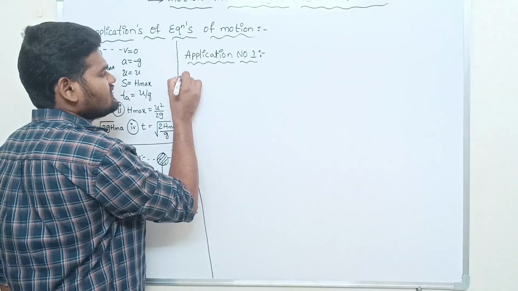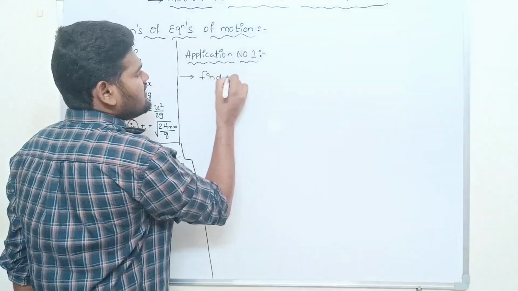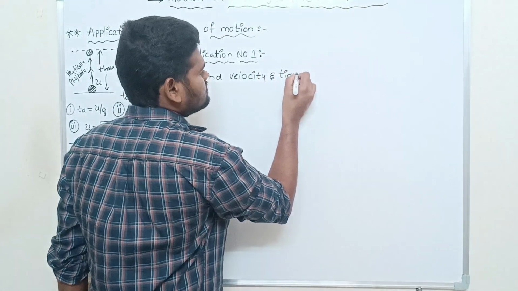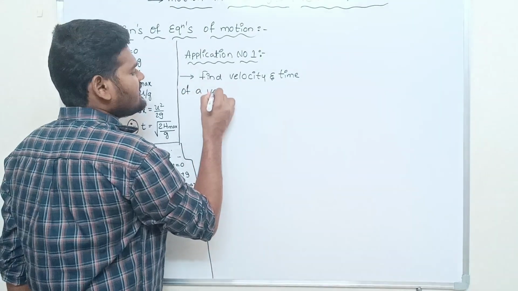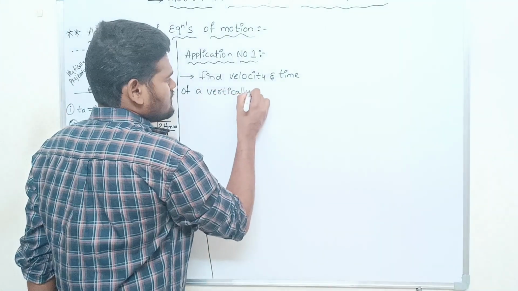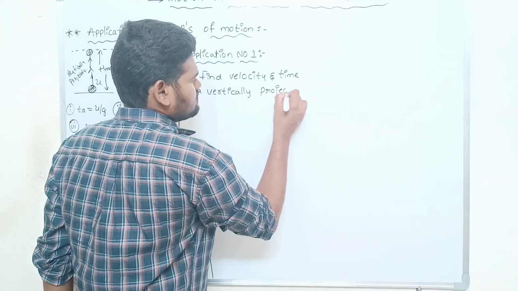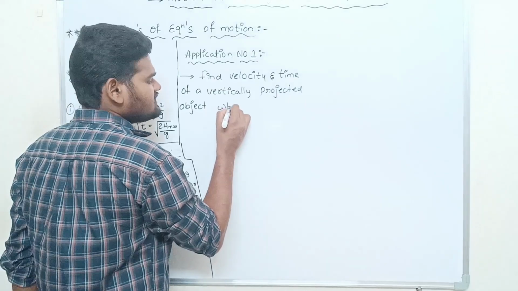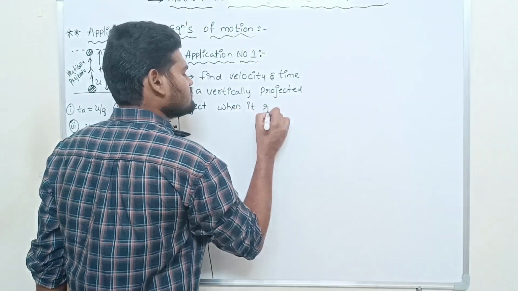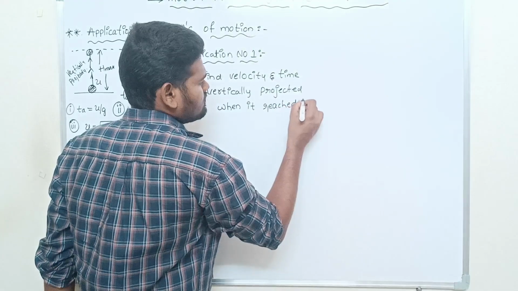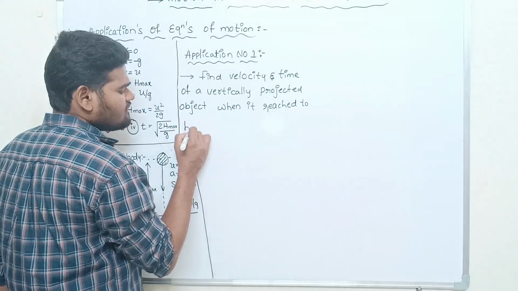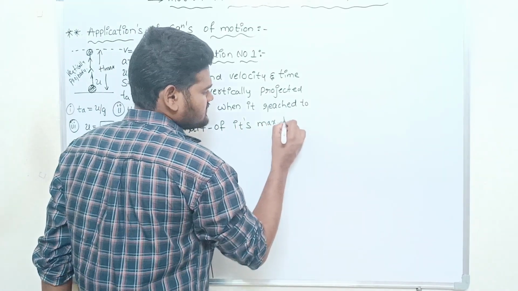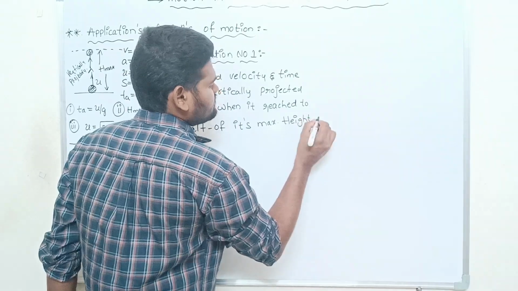Application number one is: find the velocity and the time of a vertically projected object when it reaches half of its maximum height. Half of its maximum height.